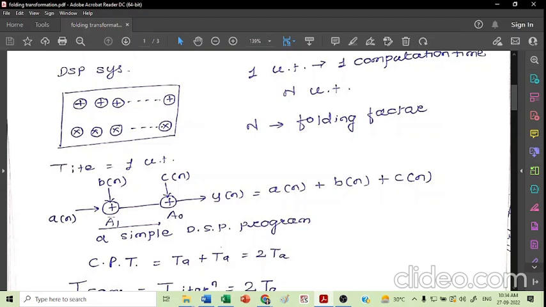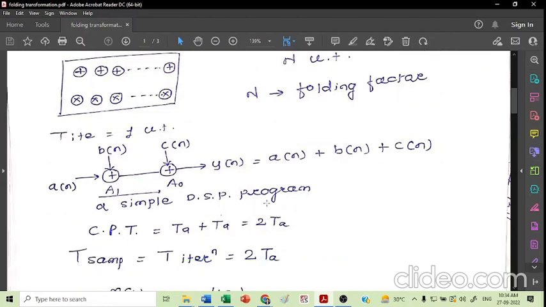The first adder has two inputs, a of n and b of n. At the output we get a of n plus b of n, and it goes to the input of the second adder, and the output of this adder is y of n, equal to a of n plus b of n plus c of n. c of n is coming from here. Okay, now this is a simple DSP program.